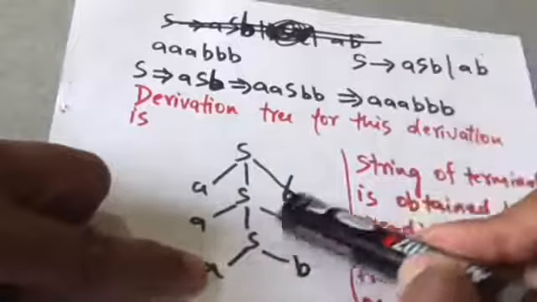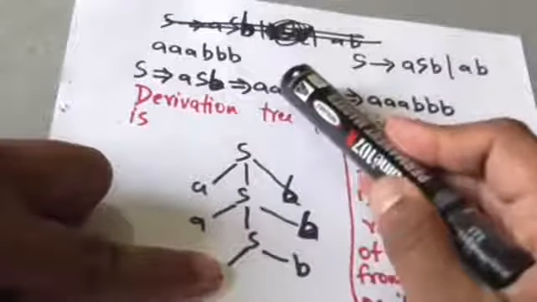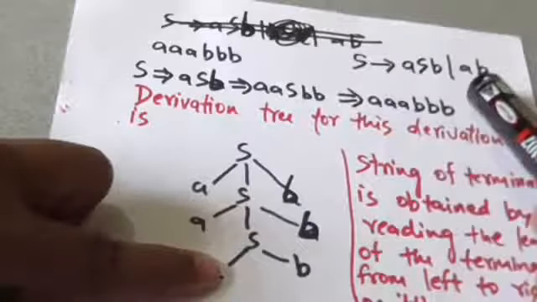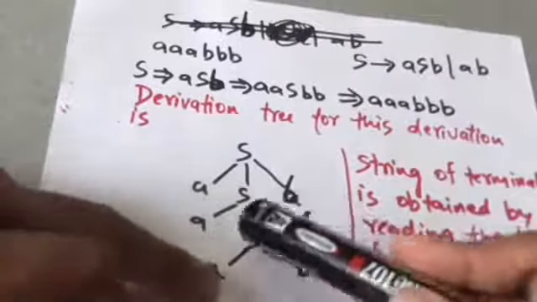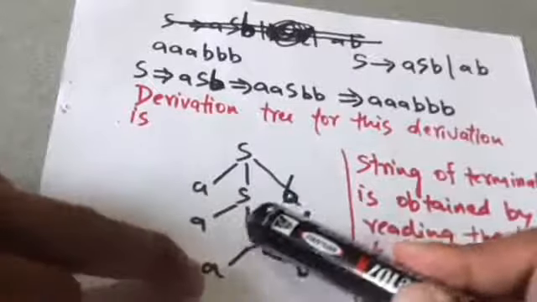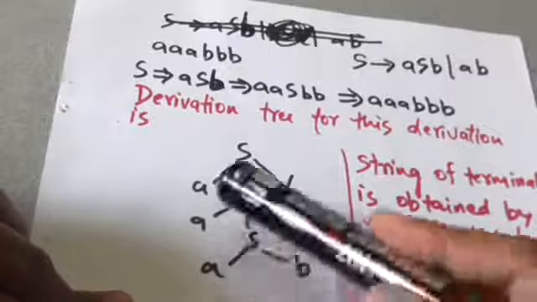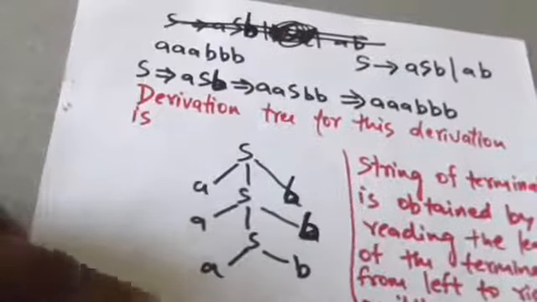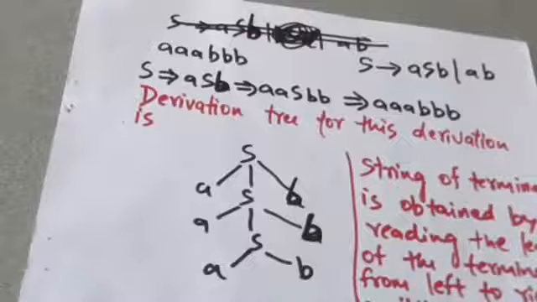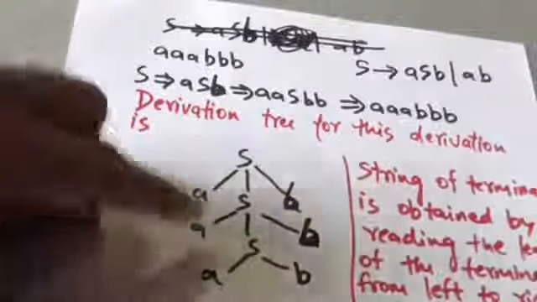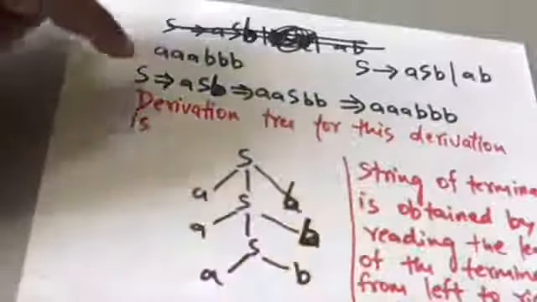Now, after this, we have applied the production rule S derives ab, right? So the children of this S must be a, b from left to right, right? So this is the derivation tree or parse tree which represents this derivation.